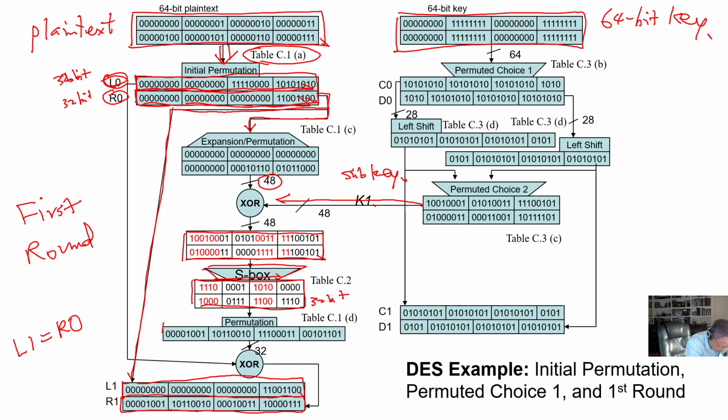Then you perform the permutation and do the exclusive OR with L0, which eventually generates R1.